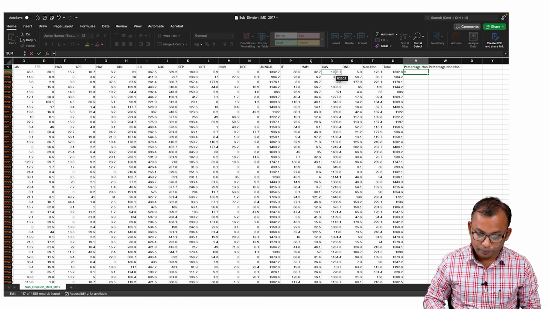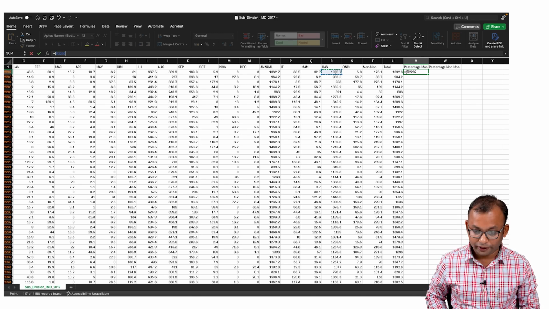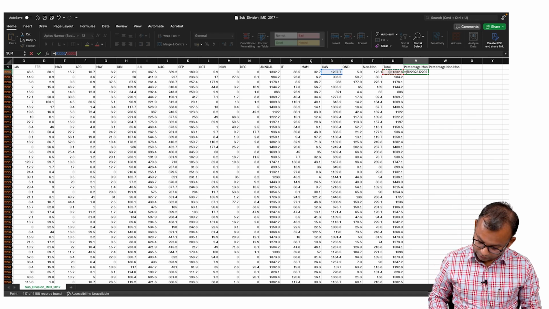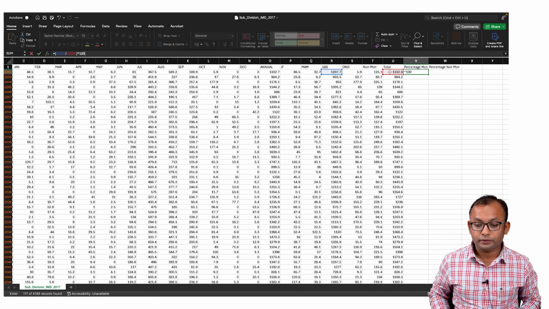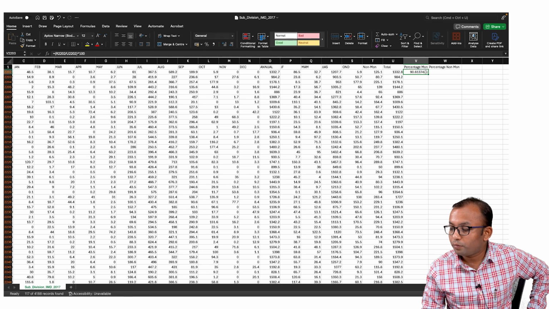Before that, you apply a bracket, then JJAS divided by total amount of rainfall, then the bracket is closed, and then multiplied by 100. This will give you an idea of how much rainfall we receive during the monsoon month.